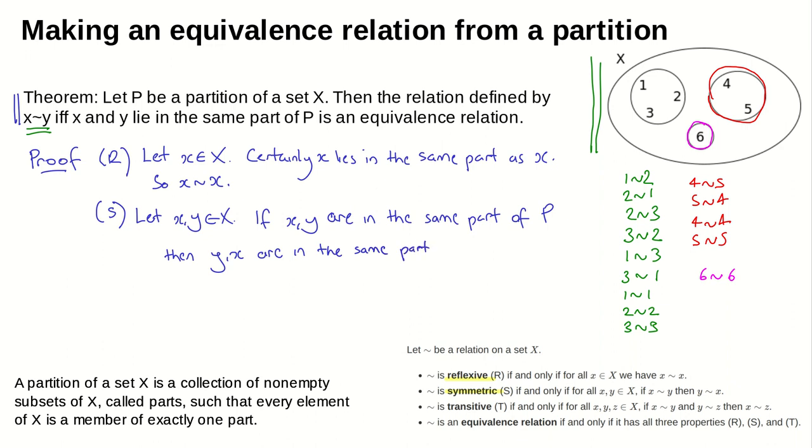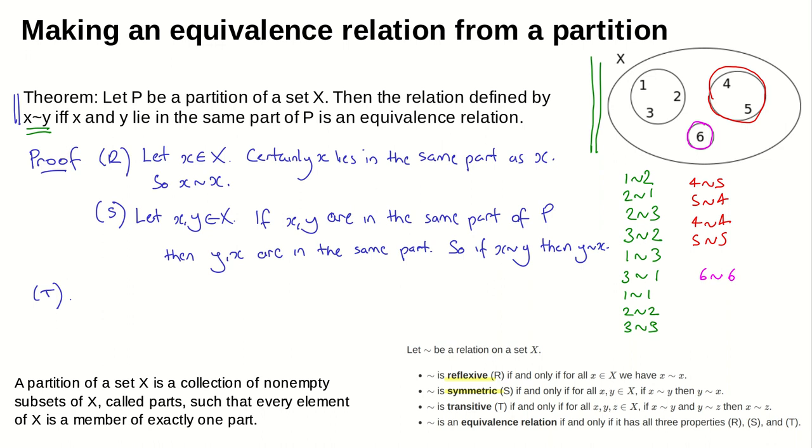I mean, looking at our example over here, 1 and 2 are in the same part, so 2 and 1 are in the same part as well. So if x is related to y, then y is related to x. And that means that the symmetry property holds for our relation.